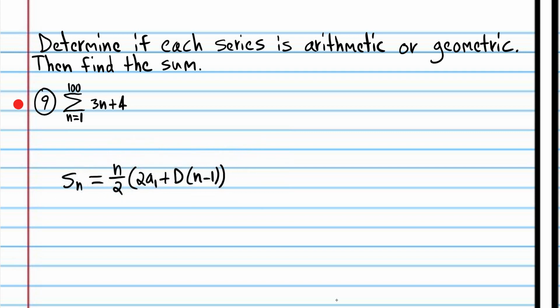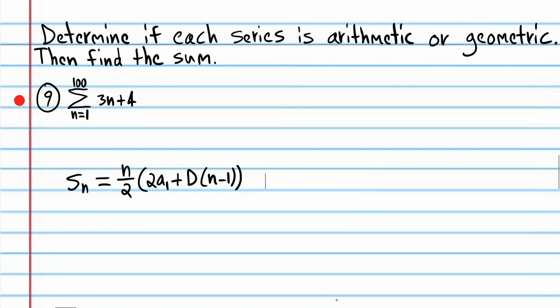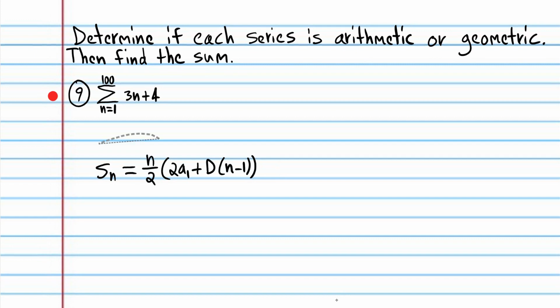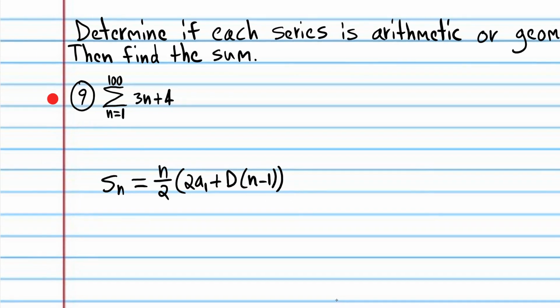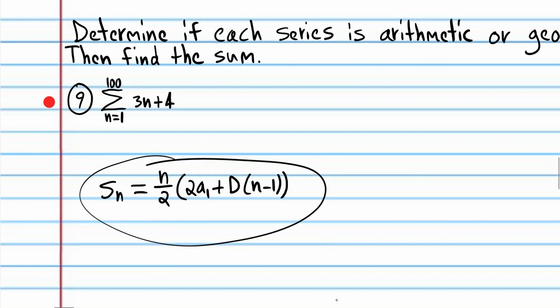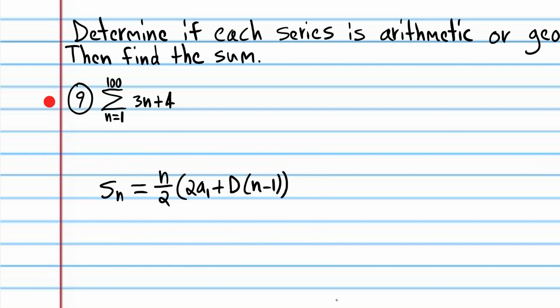In these problems, it's going to be one or the other, but we don't know what type of sequence it is until we write out the first 3 or 4 terms at least. But this is going to end up being an arithmetic sequence, so we're going to use this formula. But in order to use the formula, we have to know what the first term is. We have to know what the common difference is.